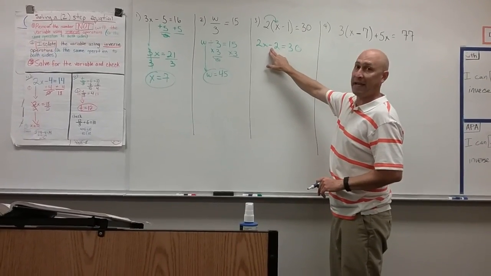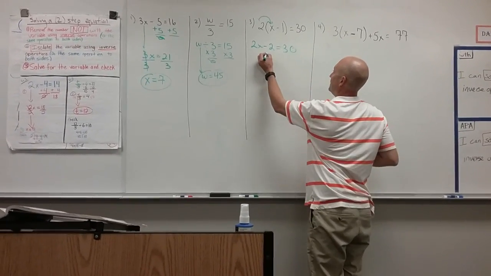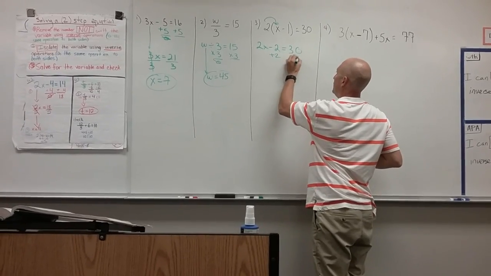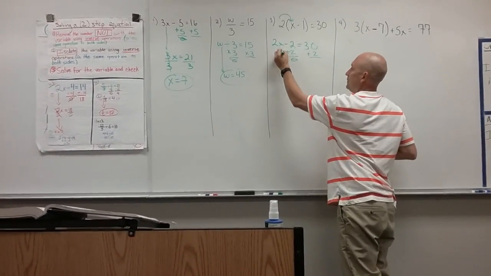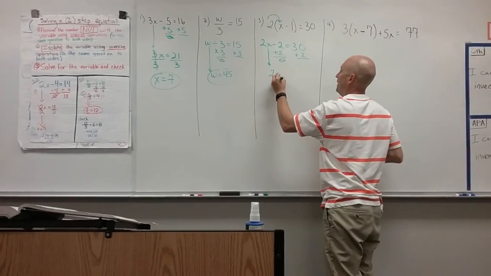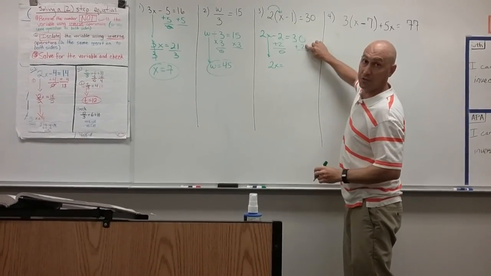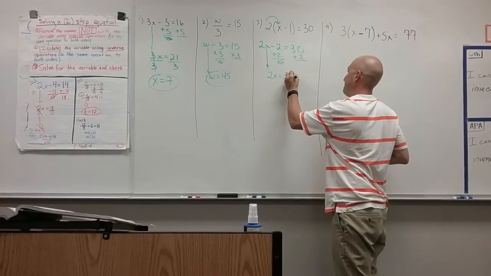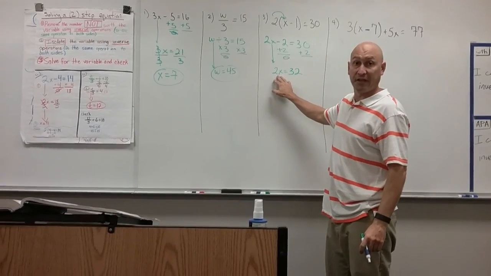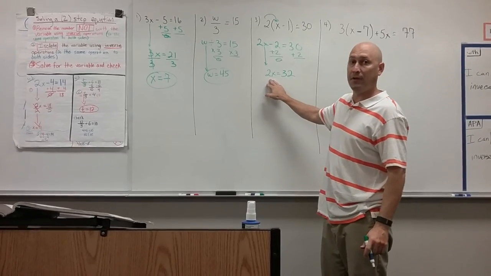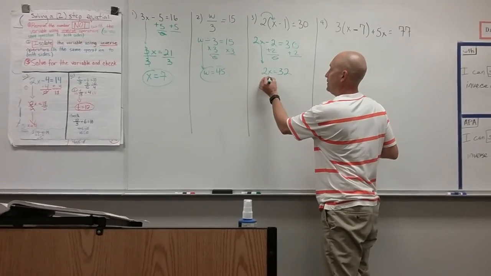So since it's got a negative in front of it, I'm going to add 2 to each side. Negative 2 and positive 2 cancel. I'm going to bring down my 2x, and 30 plus 2 is 32. Now I'm down to a one-step equation. I've got multiplication with the variable, so I'm going to do the inverse of that, which is division.